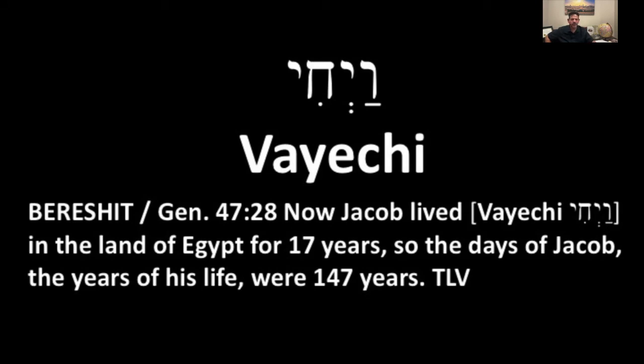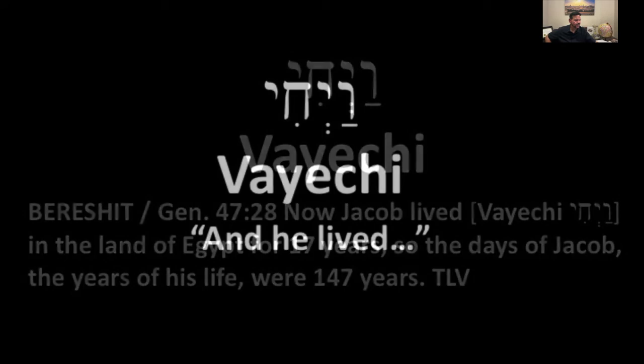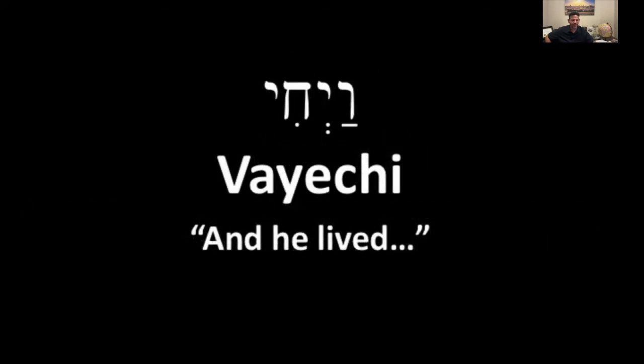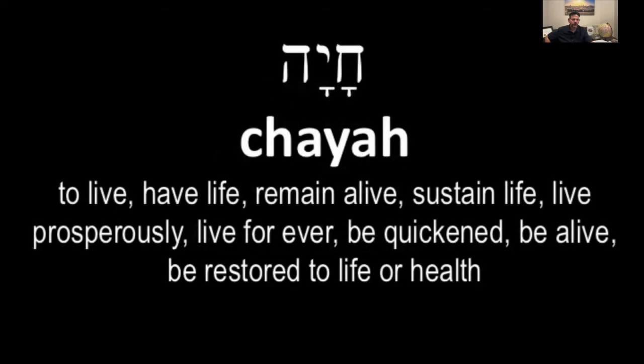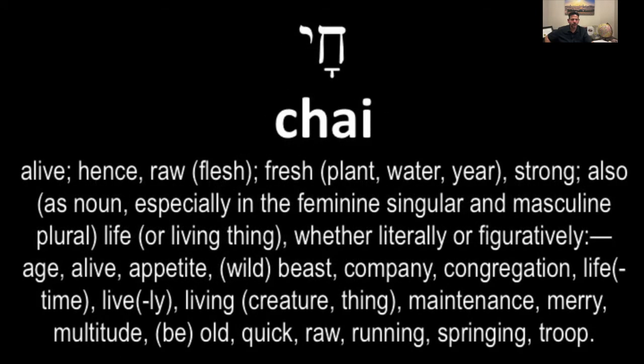The name of the Torah portion was Vayechi, and he lived. This is from the root chaya, chet, yud, he, which means to live, or remain alive, or sustain life. You'll be more familiar with the word chai, which is the noun, life.